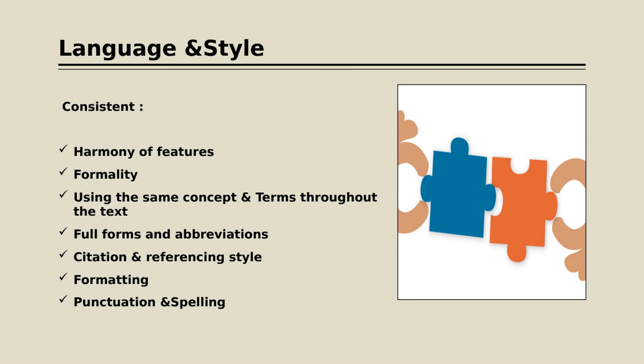Formatting too: if you are using a certain numbering system or certain spacing in your writing, these are conventions and regulations used by the departments and by your own college.